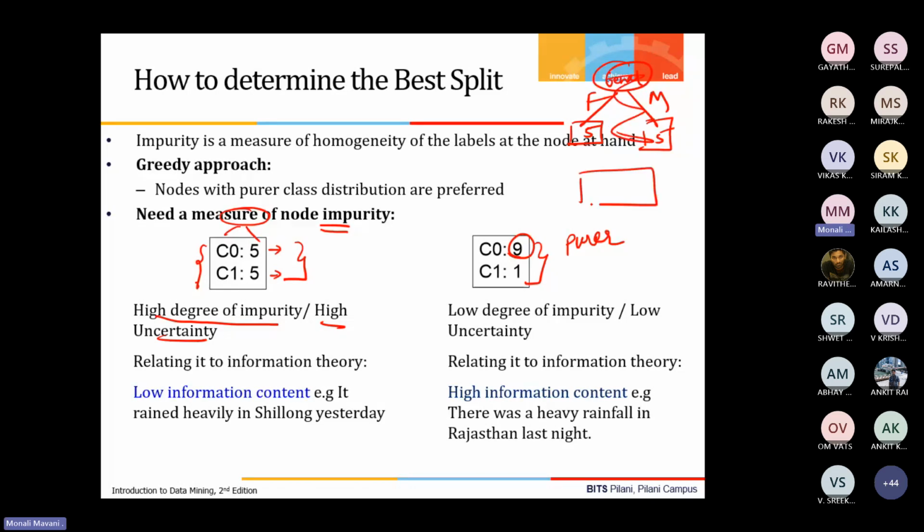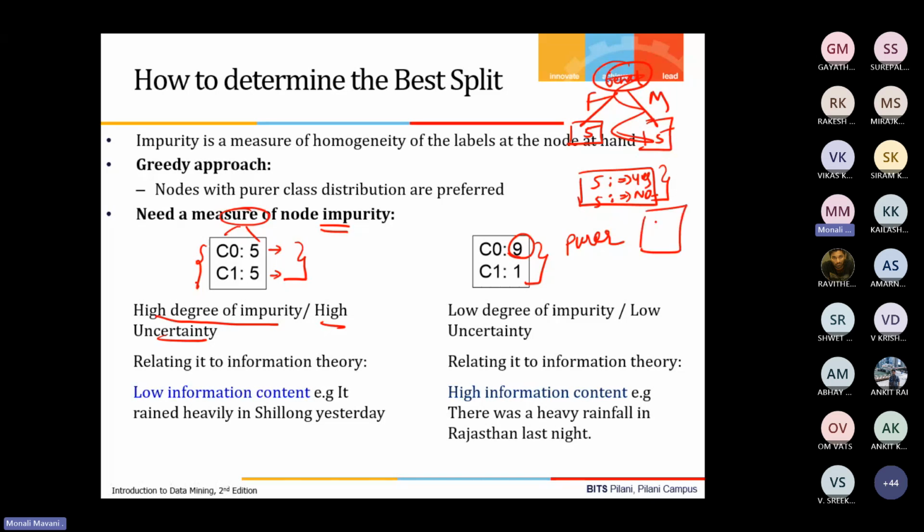At any node, I have 5 examples belonging to the yes class and 5 examples belonging to the no class. If I want to make a decision whether the default is yes or no, it's very difficult because both have equal representation.